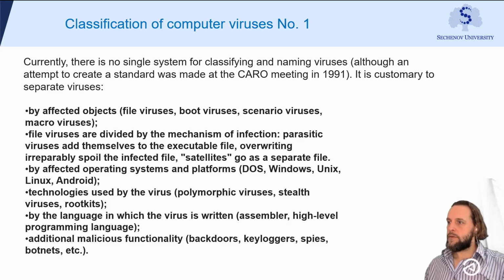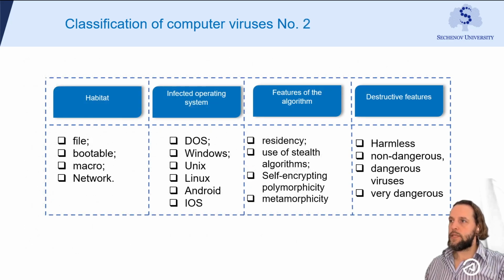And viruses could have additional malicious functionality in them: backdoors, keylogging, spies, botnets, and so on. Also, we need to mention that in classification we should consider whether the virus is destructive or not: harmless, non-dangerous, dangerous, very dangerous, and so on.